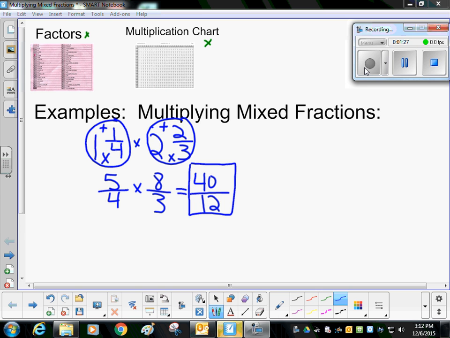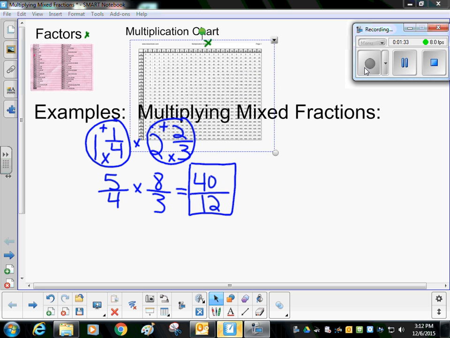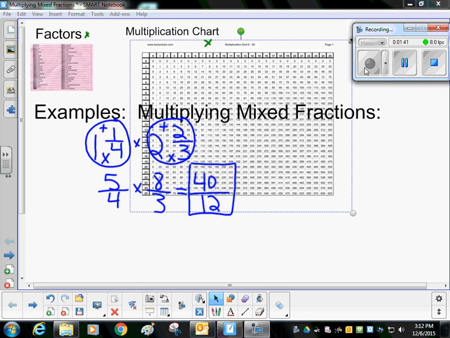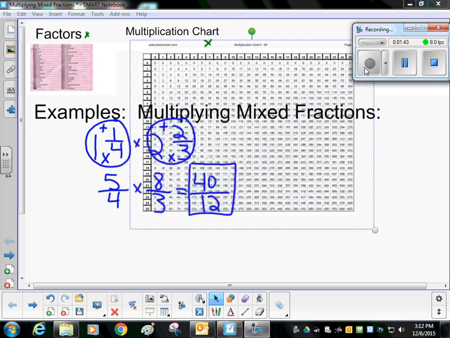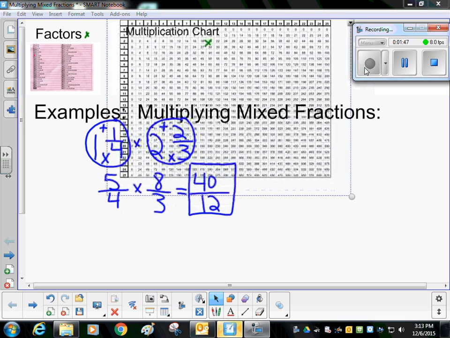So I will need to go to my multiplication chart, which is not very clear on here. I had to make it very big in order for you to see it.